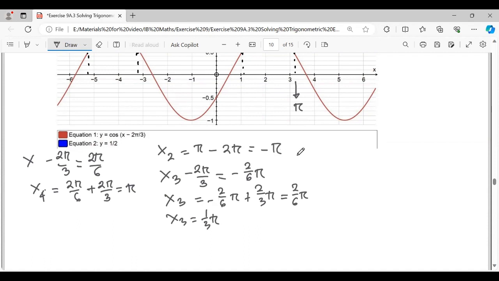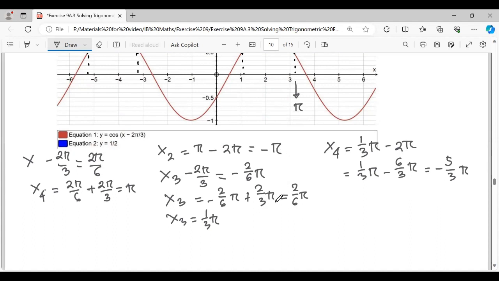Okay, so it means x4, or the fourth x, is 1 third pi minus 2 pi, 1 third pi minus 6 third pi, minus 5 third pi.